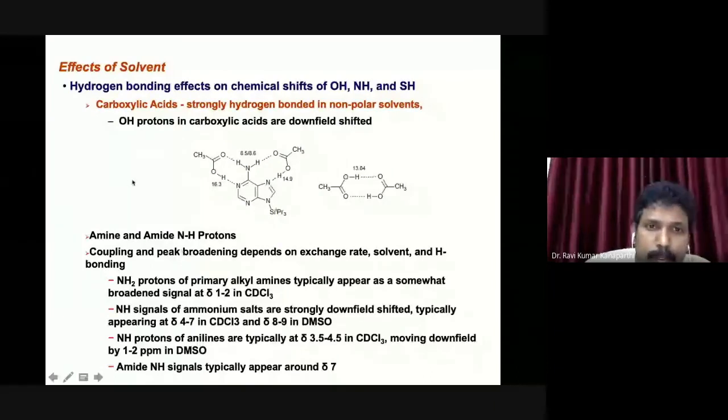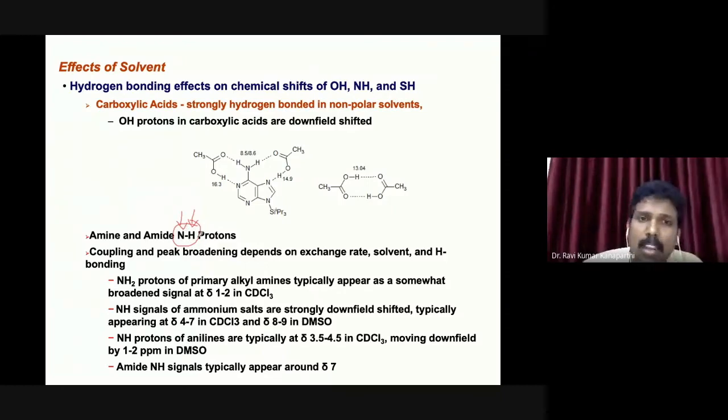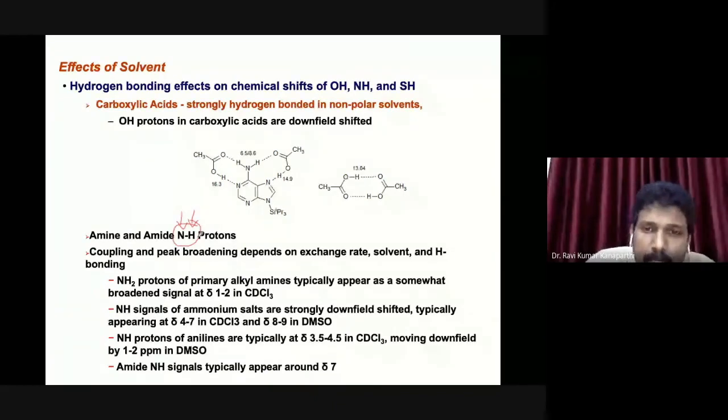I hope you are following that. In an NH or NH2, we have nitrogen and hydrogen, both magnetically active, so there is a possibility that they can couple. This coupling can also be one of the reasons for observing a broad peak in the case of primary and secondary amines, and also amides. So please try to remember this.